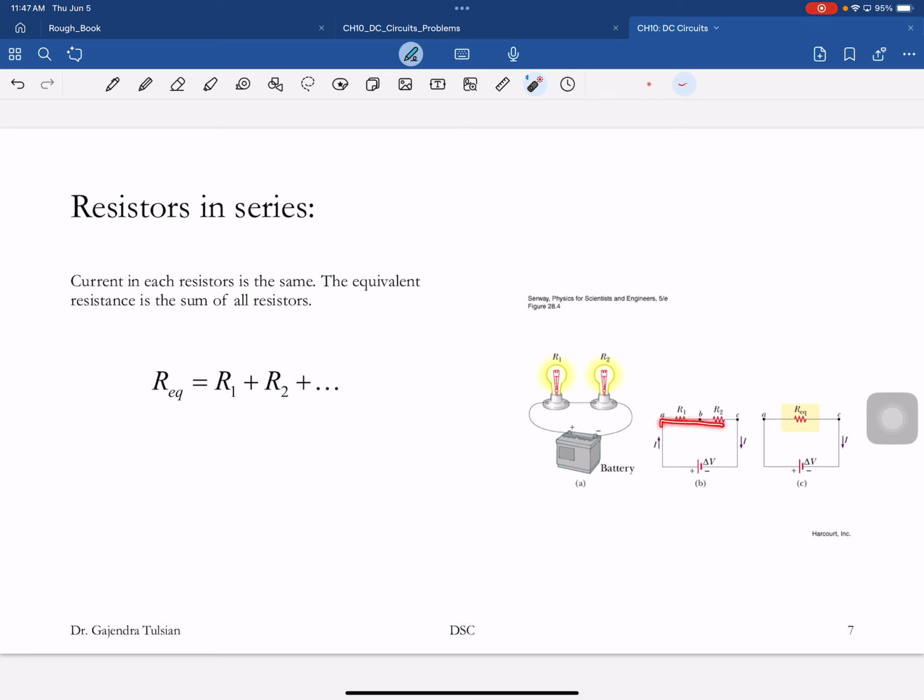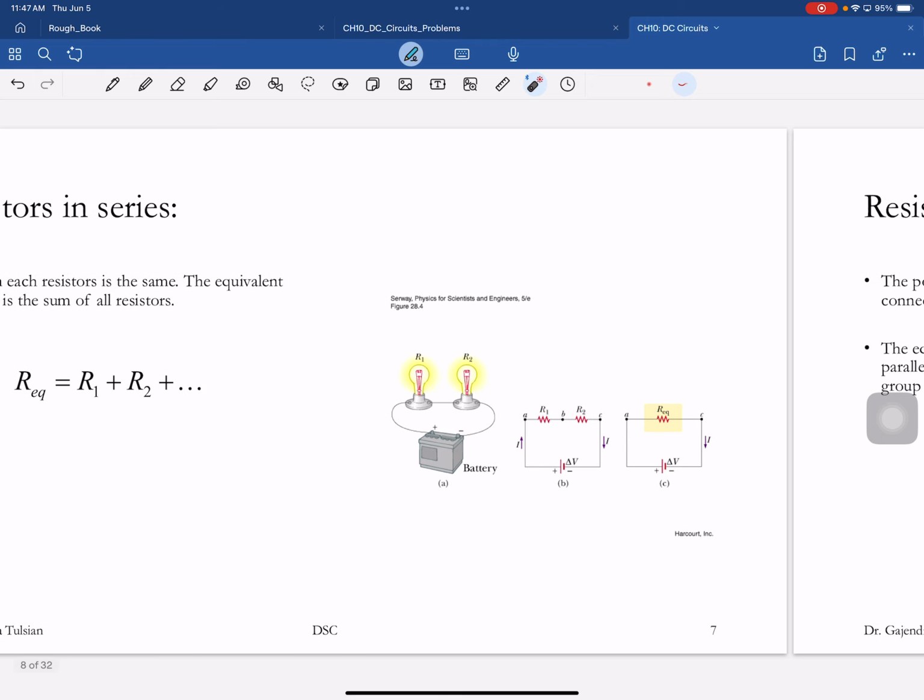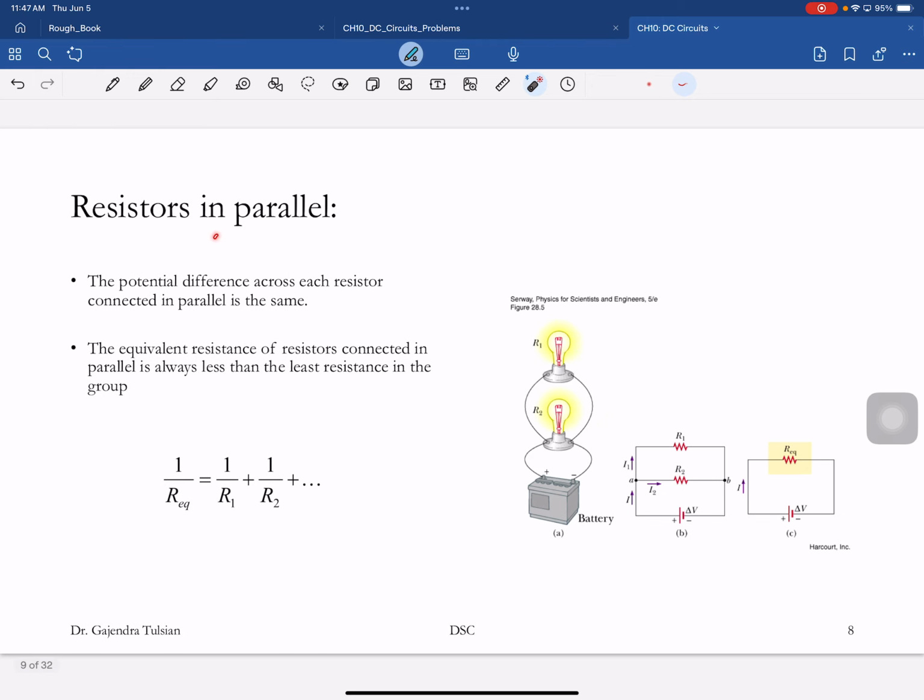When resistors are connected in series, the equivalent resistance is just the sum of the resistances. When resistors are connected in parallel, here's the parallel connection, and the inverse of the equivalent resistance is the sum of the inverses.